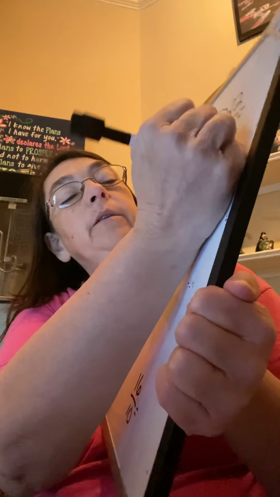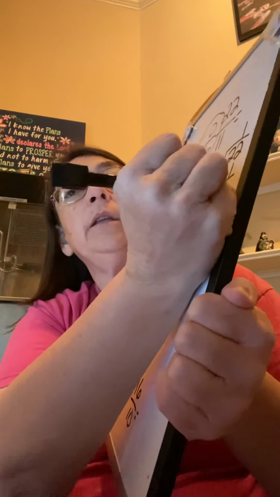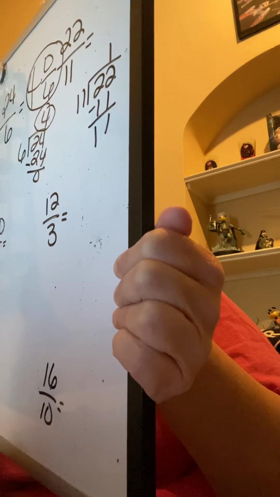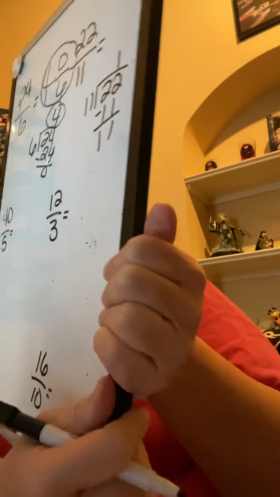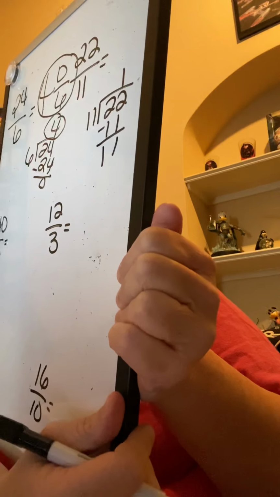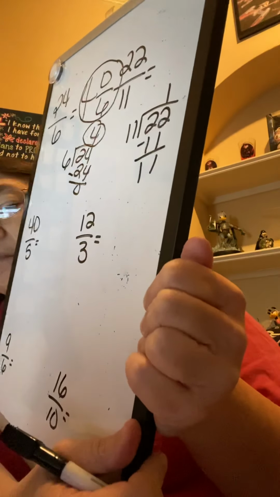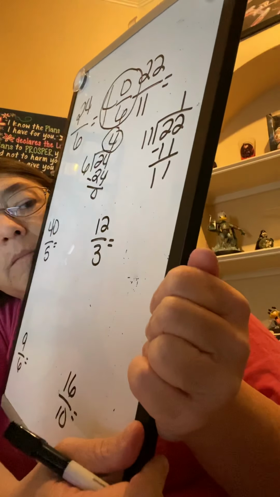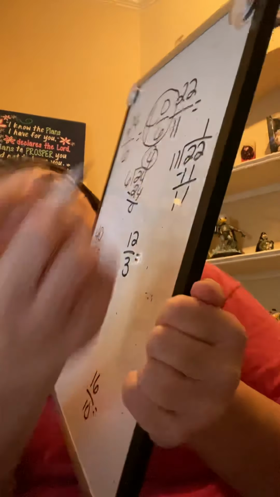Number 12. 11 divided into 22. Goes in 1 time. I subtract the 11. I thought it goes in twice because 11 plus 11 equals 22. True.